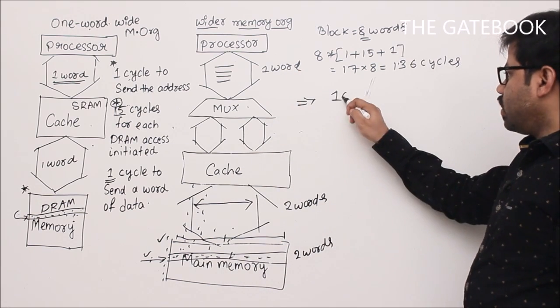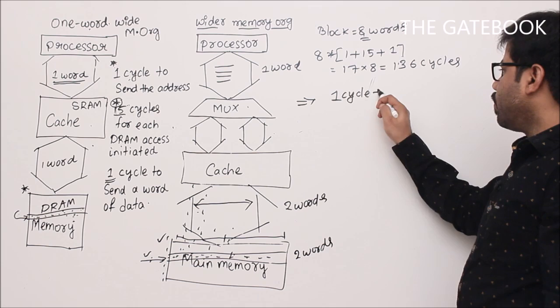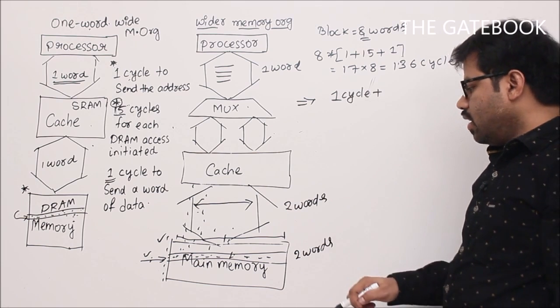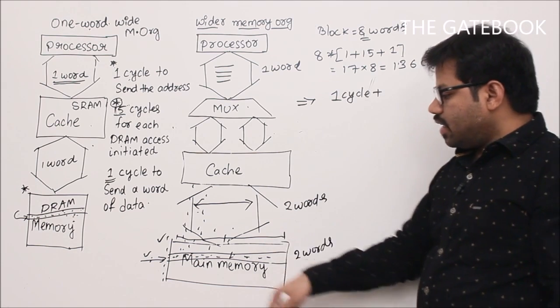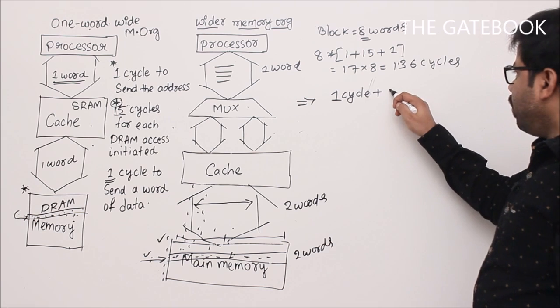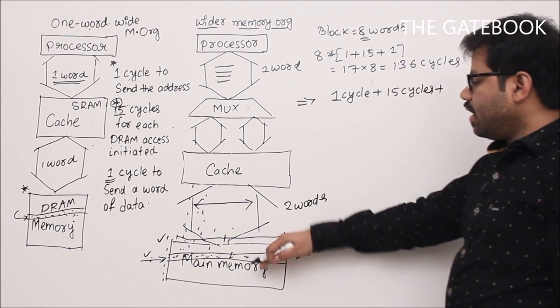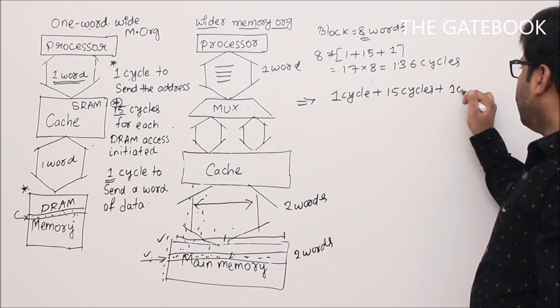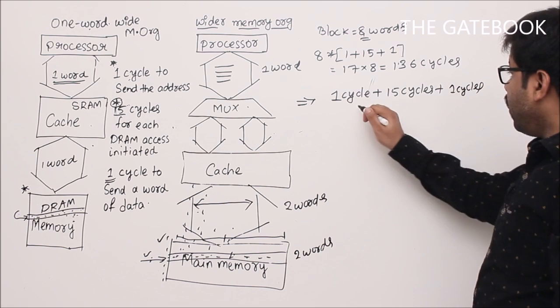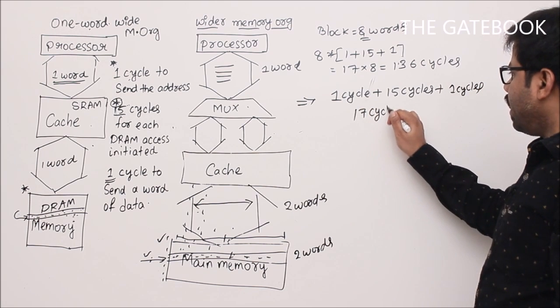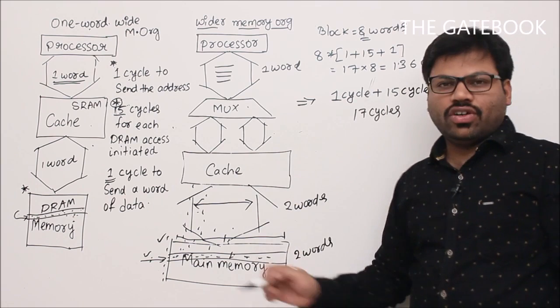That takes 1 cycle for specifying the address. Then DRAM latency, for identifying the row, is 15 cycles, plus 1 cycle for getting the data back. So finally 17 cycles, but within 17 cycles we got 2 words.